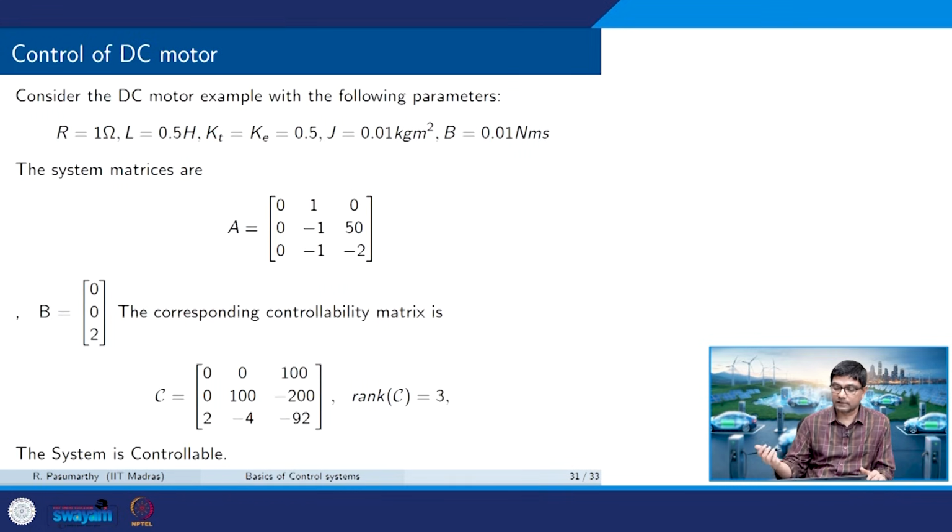So, let us say I take a small example of this form. All the k's are, say, R is 1, L is 0.5 and so on. I get the system matrices of this form, B of this form, and I check what is the corresponding controllability matrix, with some appropriate computations. I do B, A B, A square B to get a 3 cross 3 matrix which is of rank 3, meaning that the system is completely controllable.